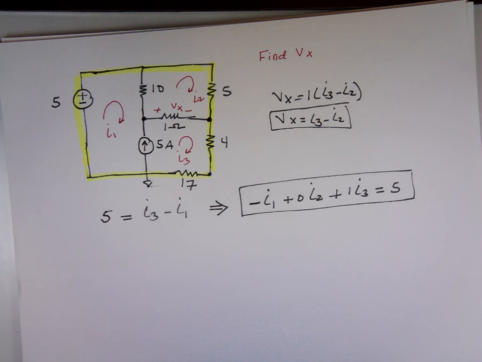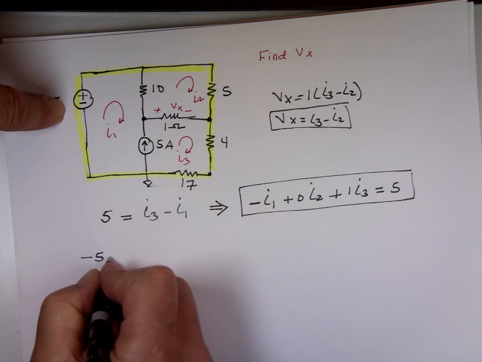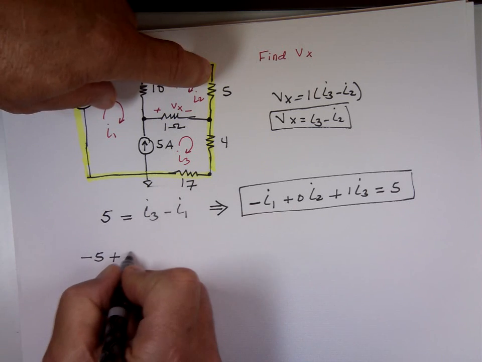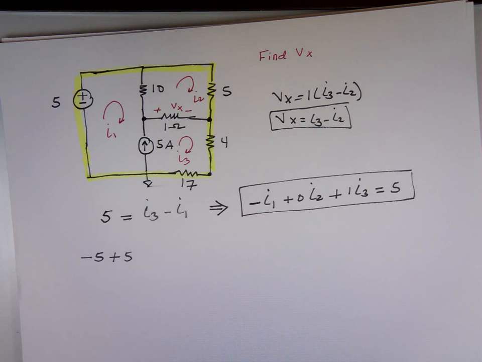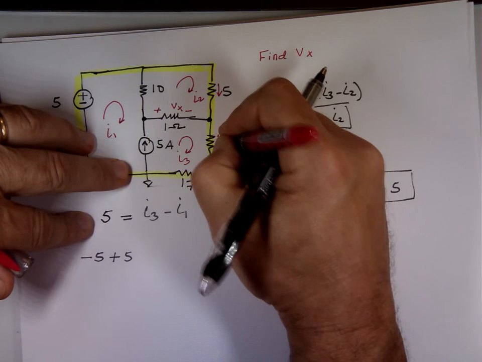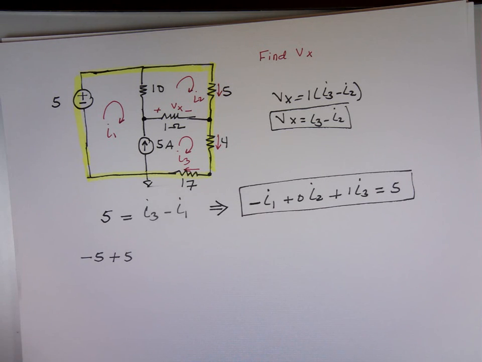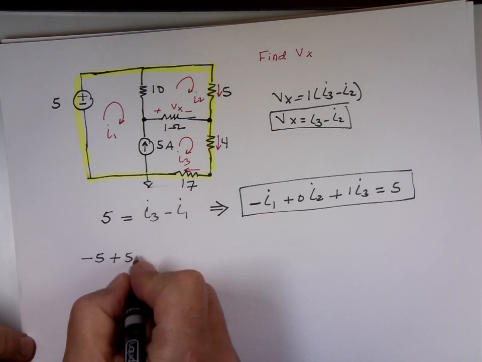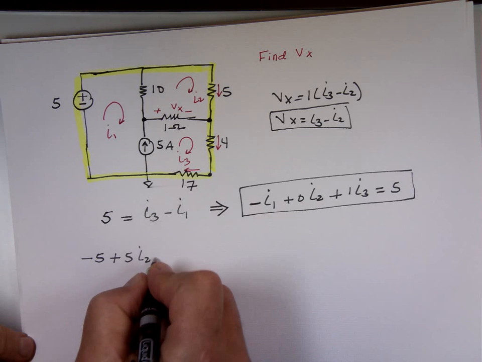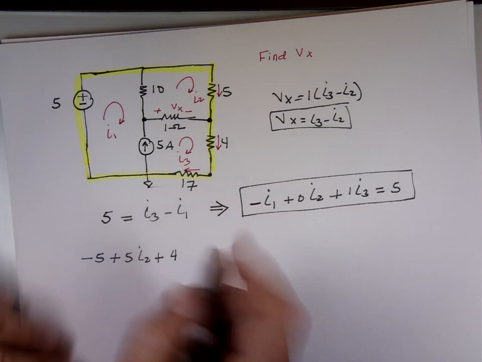If you follow that, that's negative 5 plus 5 times, I'm traveling clockwise, what's the current down? The current down, the current in this direction. I'm going that way. So 5 times what? I sub 2 plus 4 times I sub 3 plus 17 times what?